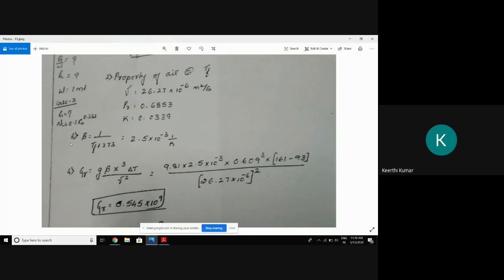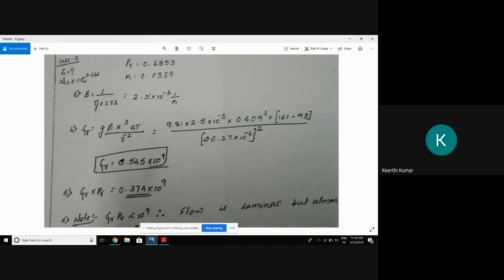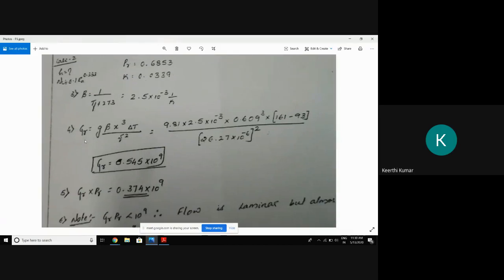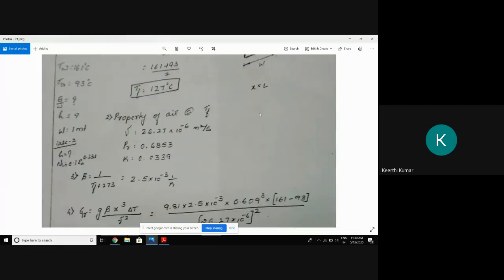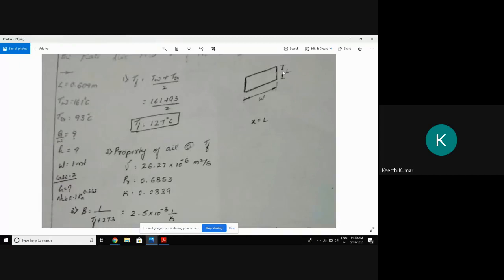Then I will go with beta. Beta is equal to 1 by (T film plus 273). Till the third step it is the same. The fourth step is finding the value of the Grashof number: g beta x cube delta T by kinematic viscosity squared. So what is that x? I told you, length. If it is a disk, you take the characteristic length.